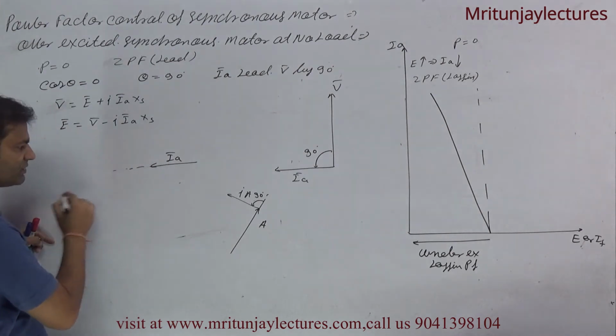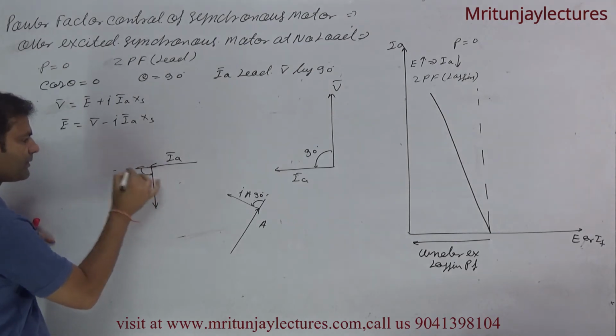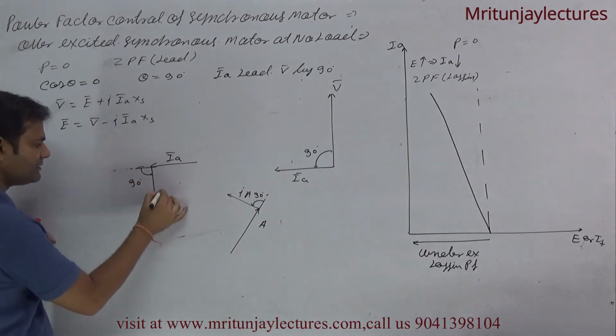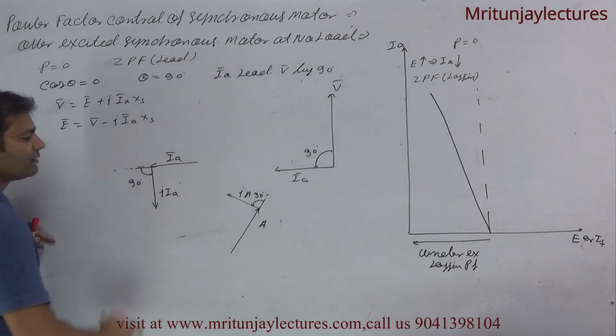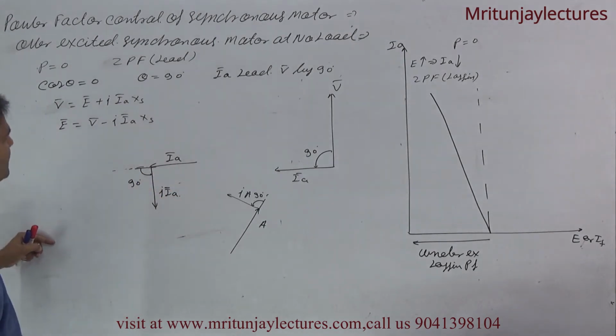If you draw it, this one represents J into IA. Clear?